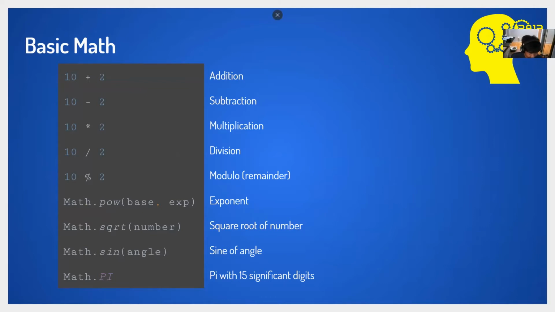Then what do you guys think Math.sqrt is? So let's do this. Cool. And I don't know if you guys have done trigonometry, but for people who know how, what's Math.sin(0), or sine 0? Yeah, it's 0. That's right.